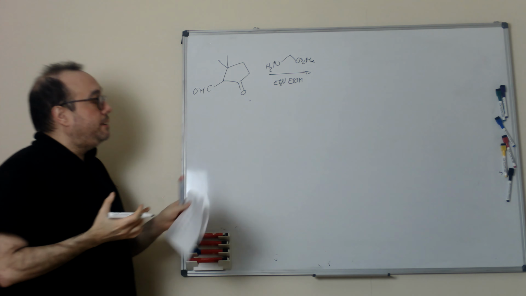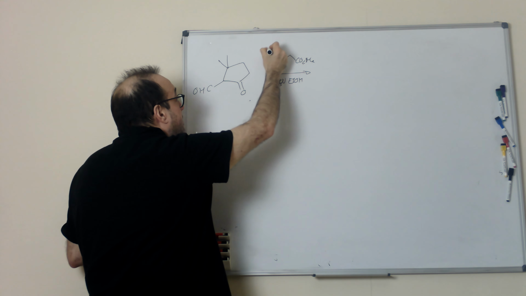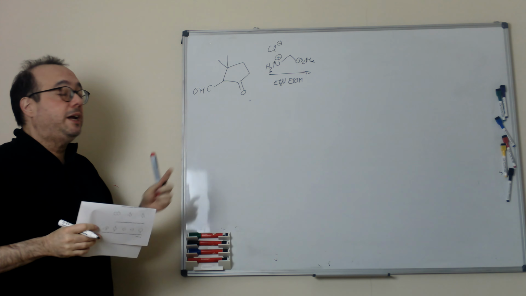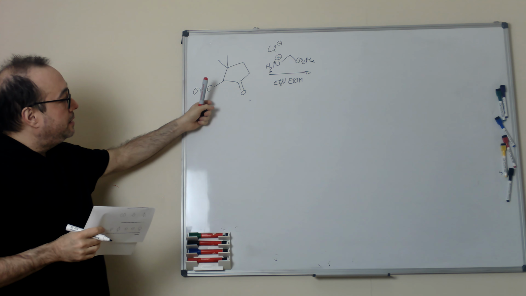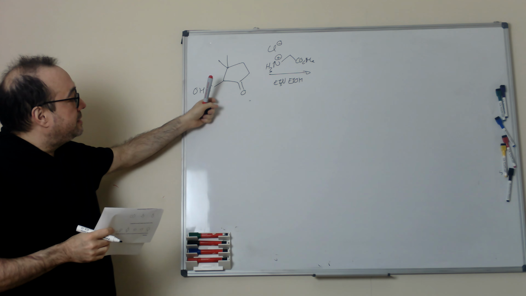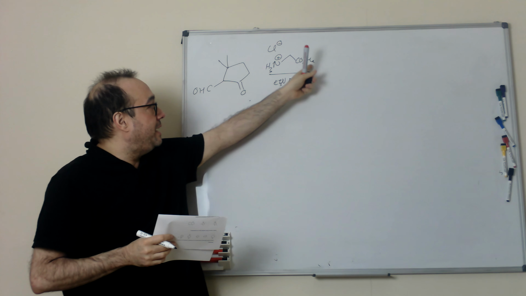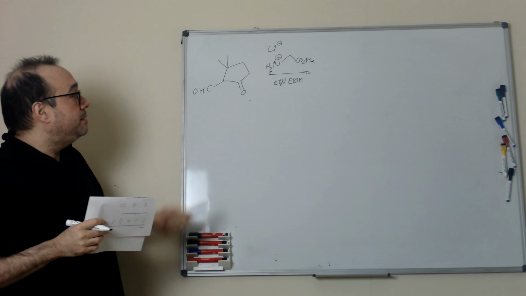Basically, when we are doing this type of exercise, what I recommend is to check what functionalities we have. Here we have an aldehyde and a ketone, and here we have an ester and an amine.